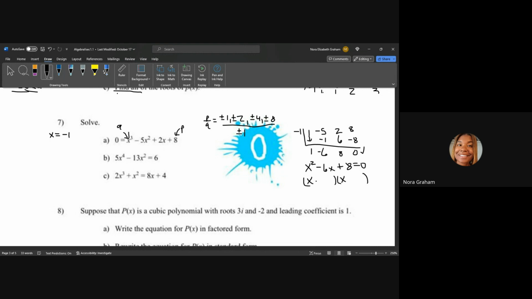So we said -2 and -4. And remember, to find my roots, I have to set both of these binomials equal to 0 and solve. If I set x minus 2 equal to 0, I add 2 to both sides, I get x equals 2.